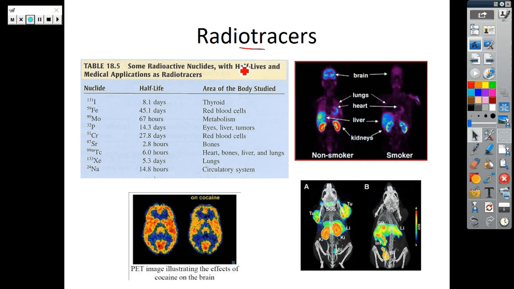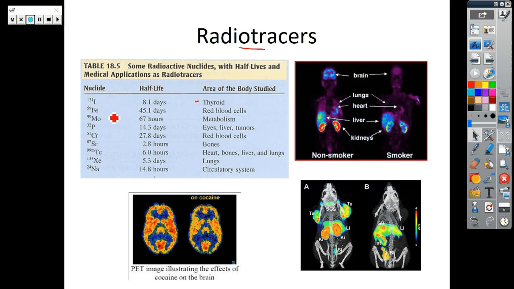Radio tracers. All right, so radio tracers can basically track the movement of certain molecules in the body. There's a molecule that's really important in the thyroid gland that has iodine on it. If you take some of those molecules out and replace that iodine with a radioactive version of iodine, maybe an iodine-131 radioactive isotope, then it'll focus on that part of the body because the thyroid gland tends to use iodine more than any other part of the body.